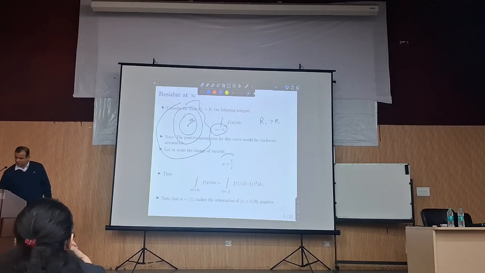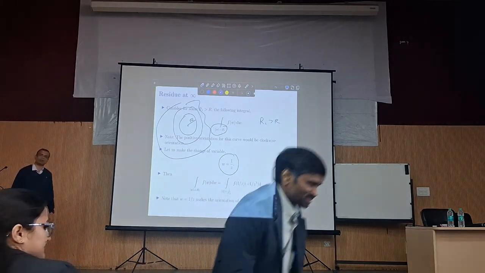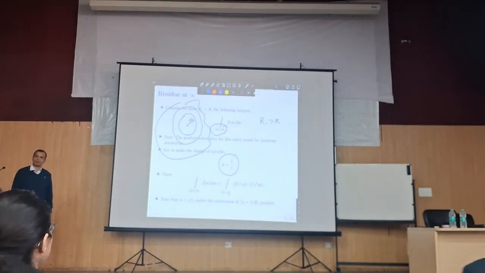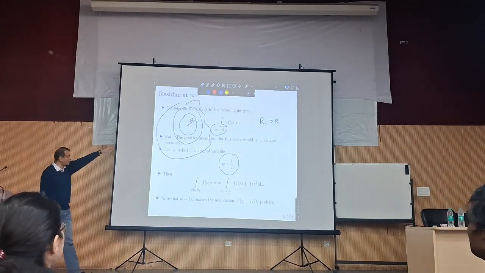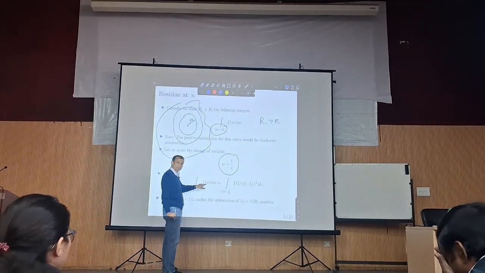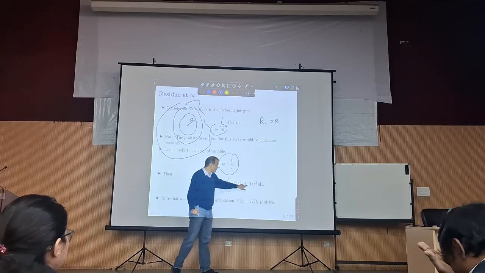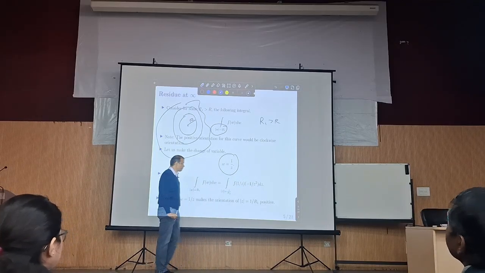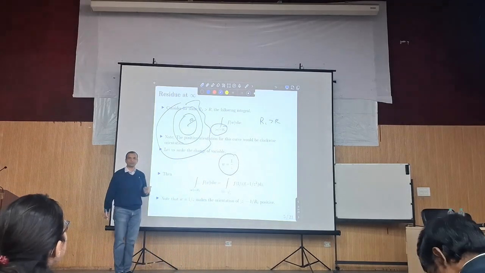Okay, now let's do a change of variable, w equal to 1 by z. If you do that in the integral, you get f of 1 by z times minus 1 by z squared dz. But what happens to the orientation?